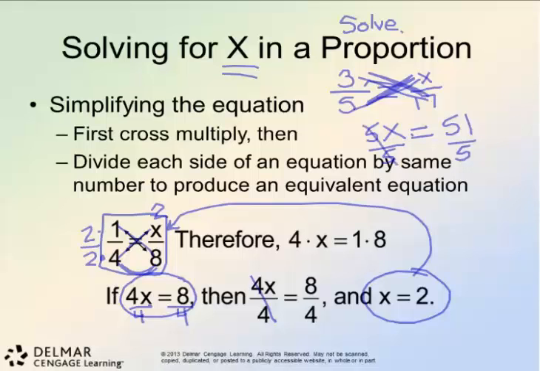The 5s divide out, and we get x is equal to 51 over 5, which we would not leave that way. 5 goes into 51 10 whole times, and that would take you to 50, and then you'd have a remainder of 1. 51 minus 50 is 1. Then we have to divide by the divisor, the denominator of 5. So x is 10 and 1/5. That's an example of solving a proportion when you have an unknown in the proportion.